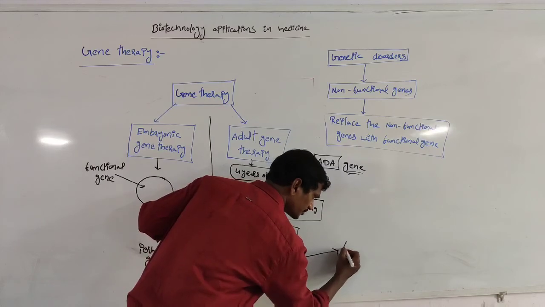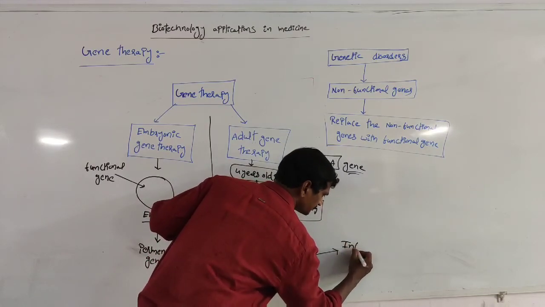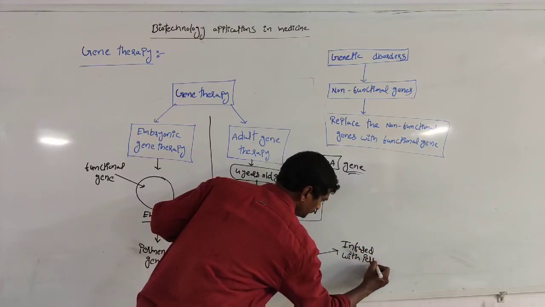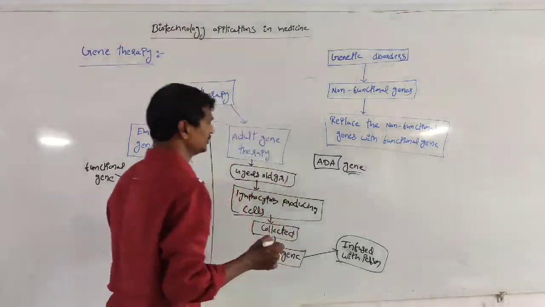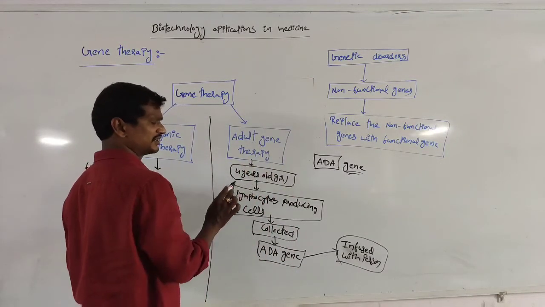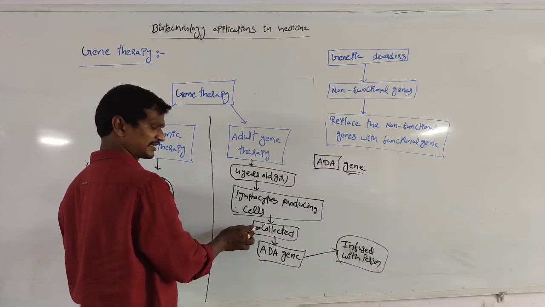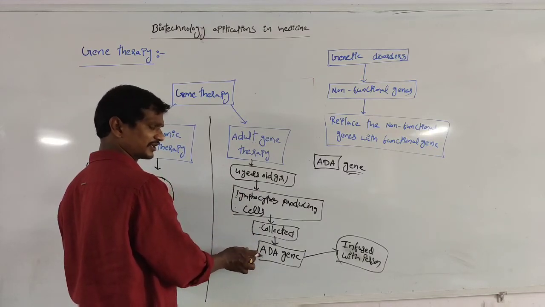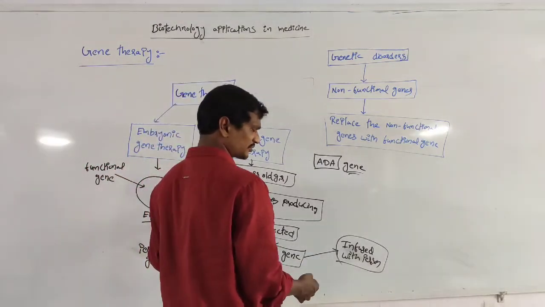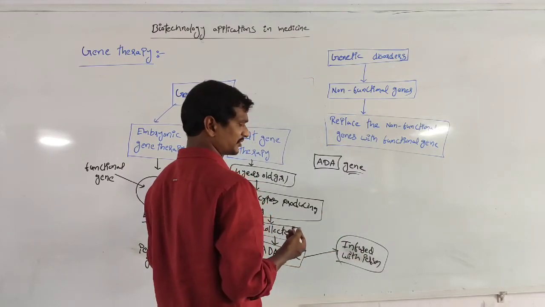In the adult case, with the example of the ADA gene and the 4-year-old girl, lymphocyte producing cells are collected, we insert the ADA gene in the laboratory, and after insertion the cells are transfused back into the person's body.